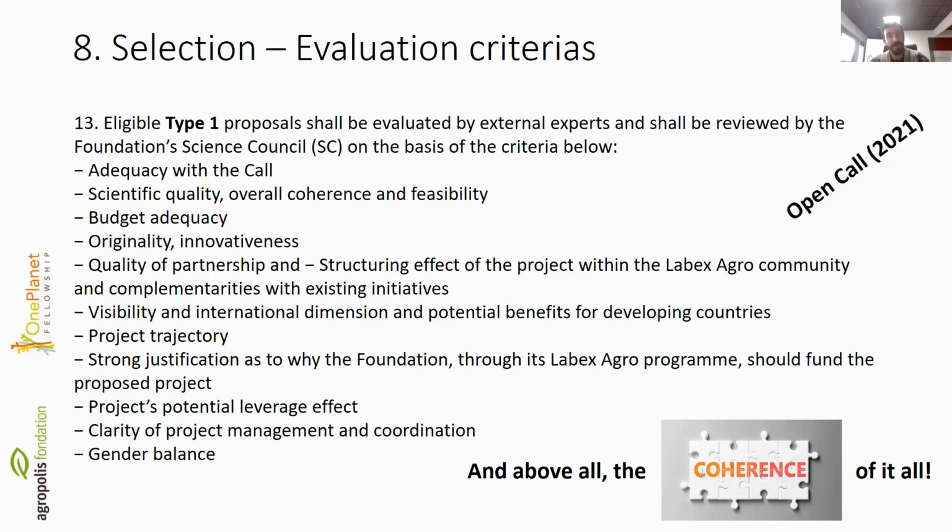For example, international partnership: if your project is national, you won't have any international partnership. And obviously, one I didn't cite, which is really important for some of the evaluators, is gender balance. It's more and more taken into account by evaluators.